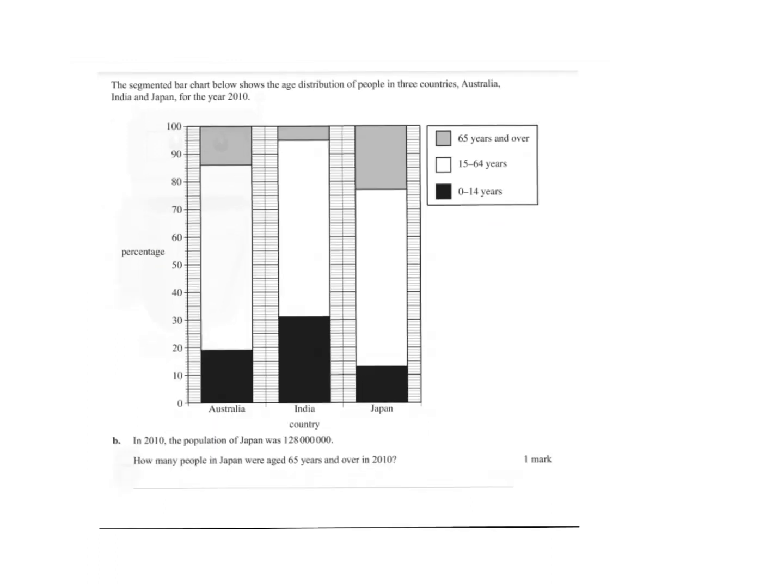And then it says in 2010, so just always double check, it's still percentage. It said in 2010, the population of Japan was 128 million people. So that was an N that they've given. And then they said how many people in Japan aged 65 years and over. If you look at 65 years and over, that's the grey section, and we want Japan. So we want this.